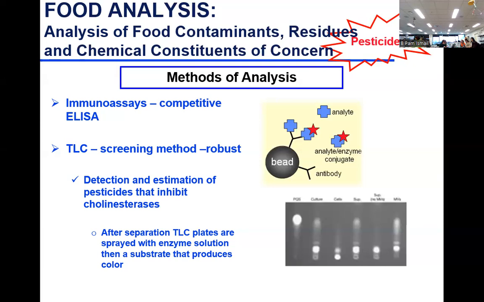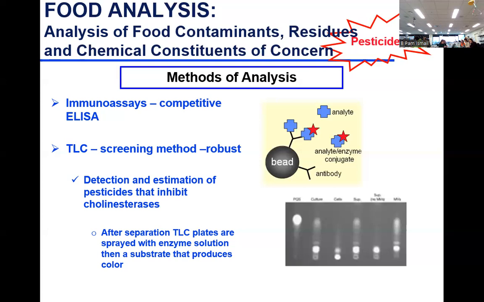In thin layer chromatography, what they do is you run your different samples and standard. Usually pesticides inhibit a specific enzyme, like say urease. So what you do is you separate your sample, you incubate it with the enzyme solution, and then you add the substrate.